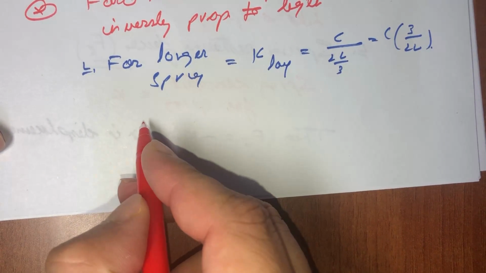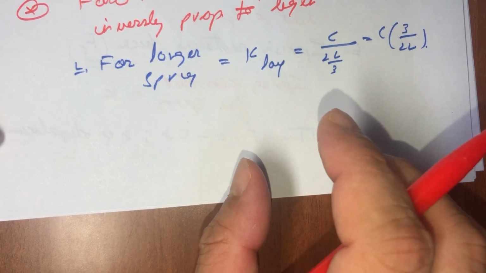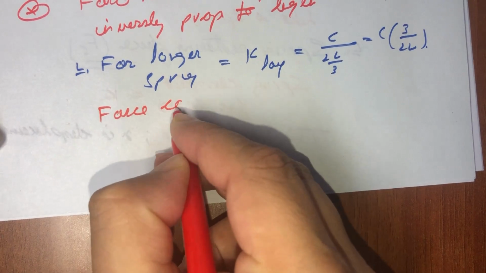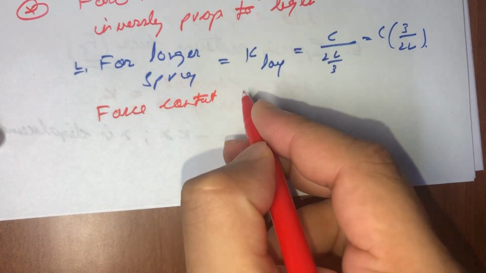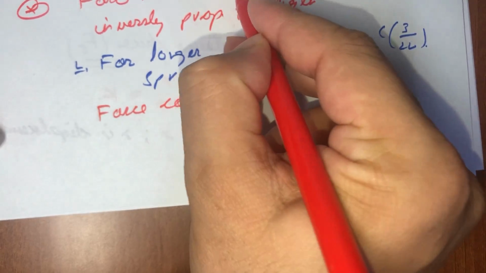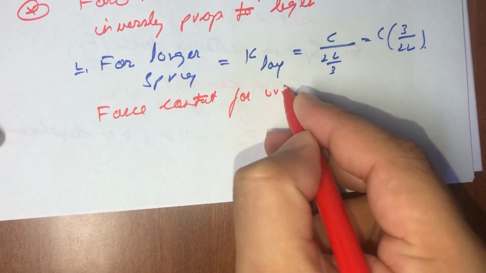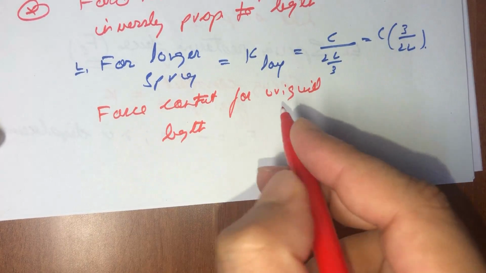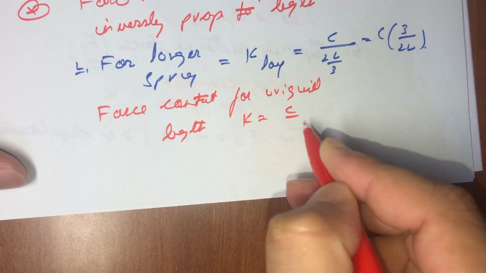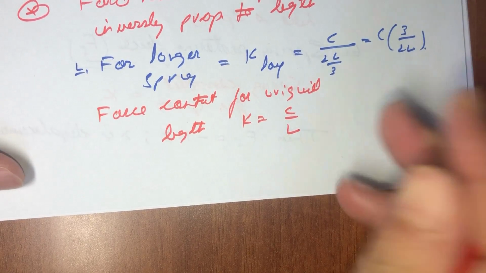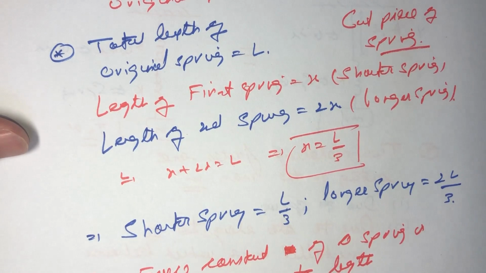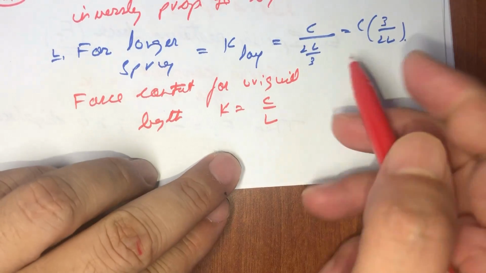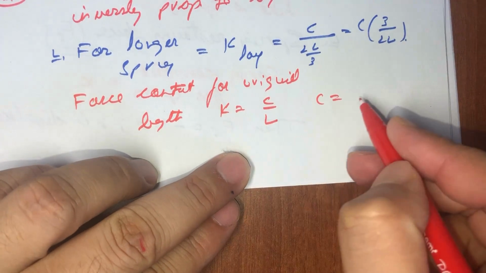And we can also write that the force constant for the original length, which is given as K, will be equal to C divided by length L. Now we can easily find from here that the value of C will be equal to KL.